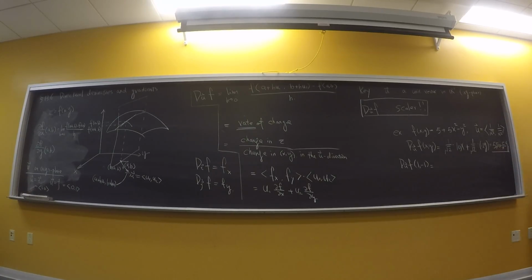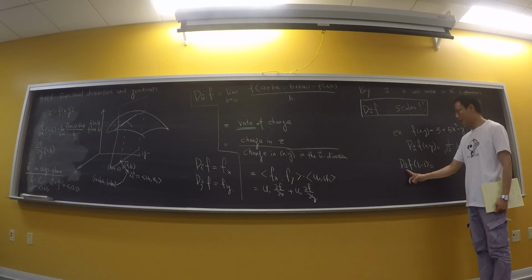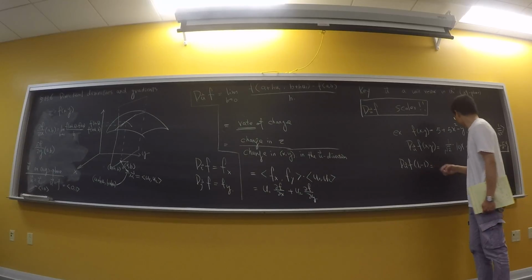So this is going to be my directional derivative. Okay, this is the directional derivative. It is indeed a scalar valued function, right? You plug in x, y, you're getting a number. So particularly, if I write D_u f evaluated at (1, -1), what am I getting?